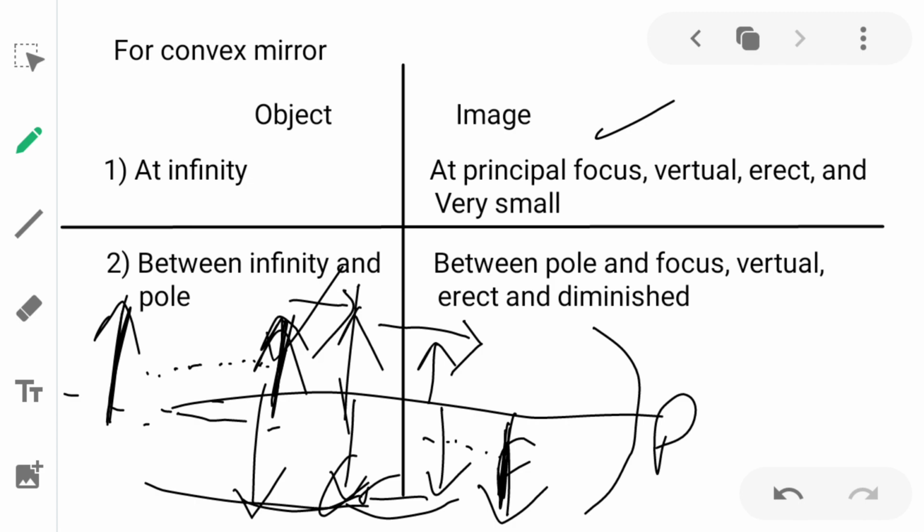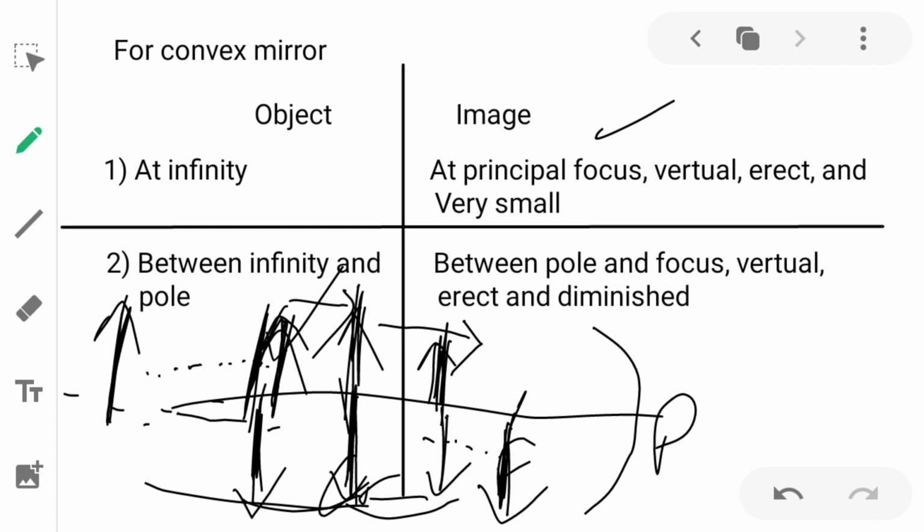So when the object is at infinity, the image is at F. When the object is beyond C, the image is between C and F. When the object is at C, the image is also at C. When the object is between C and F, the image is beyond C. In all these cases, the image formed is real.